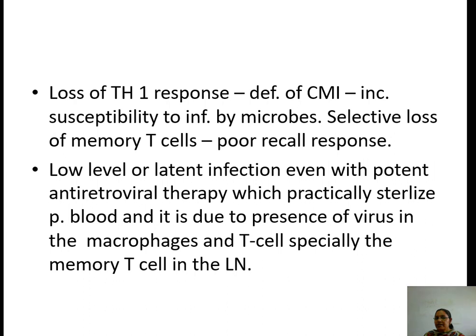Suppose a patient previously had tuberculosis, and again Mycobacterium tuberculosis infects the person. Then our memory cells would come and destroy the antigen. But because of the selective loss of memory T cells, there is poor recall response. There is no recall from the memory cells.